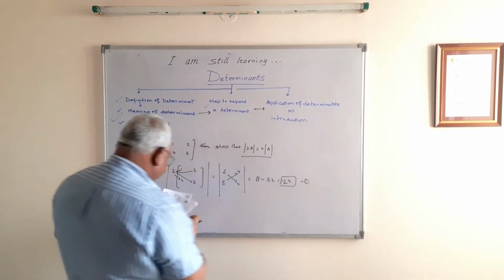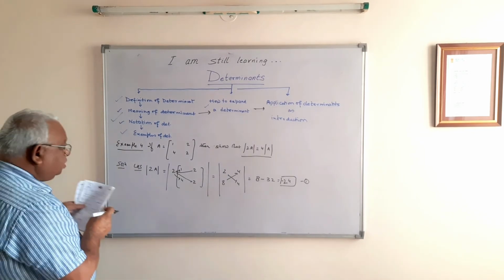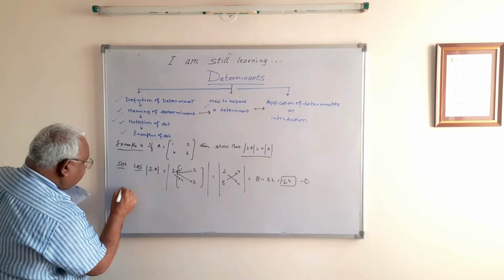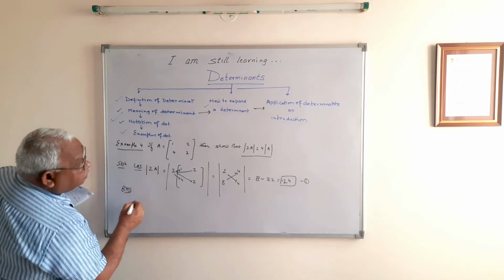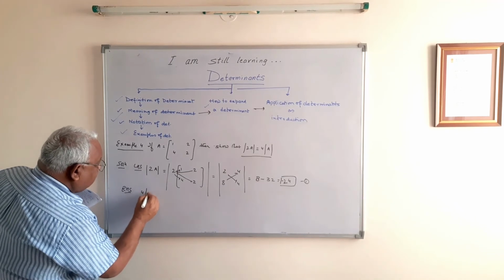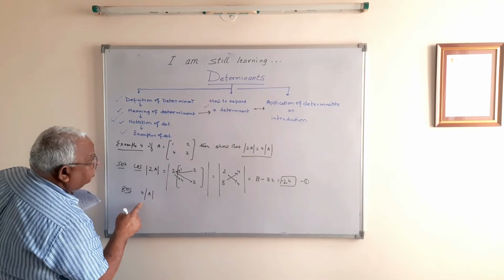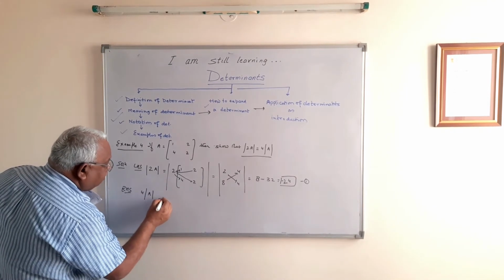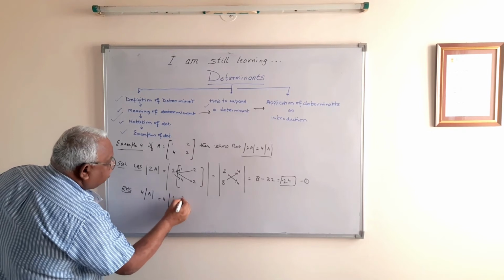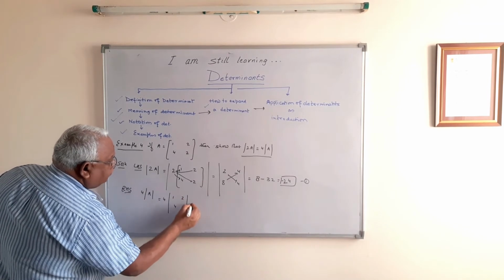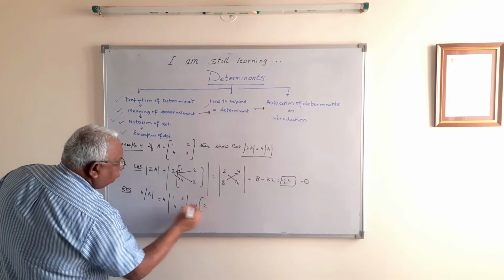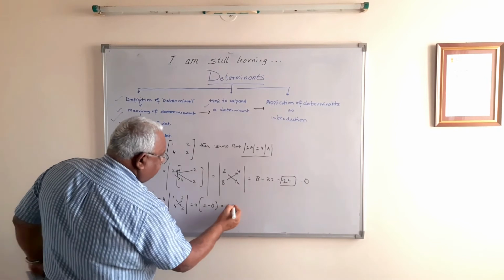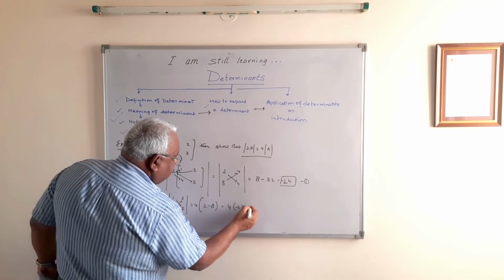Call it 1. Now, let's see the right hand side. The right hand side is 4 times, understand the meaning, 4 times the determinant of A. So 4 times the determinant of 1, 2, 4, 2. So it is 4 times 2 minus 8, 4 times minus 6, which is minus 24.